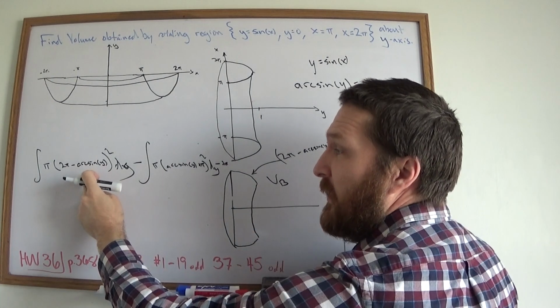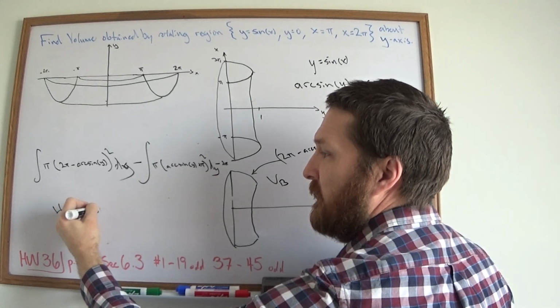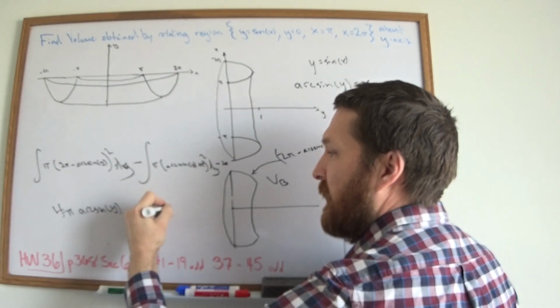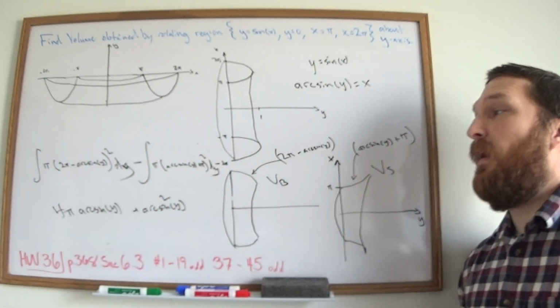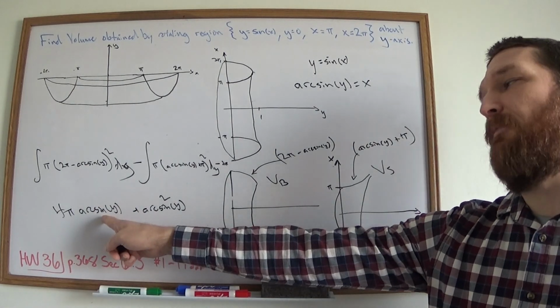When you square that out, you're going to have something with like 4 pi arc sine y and an arc sine squared. And something else. Do you know how to integrate either of those? I mean, this is tough, but it's doable.